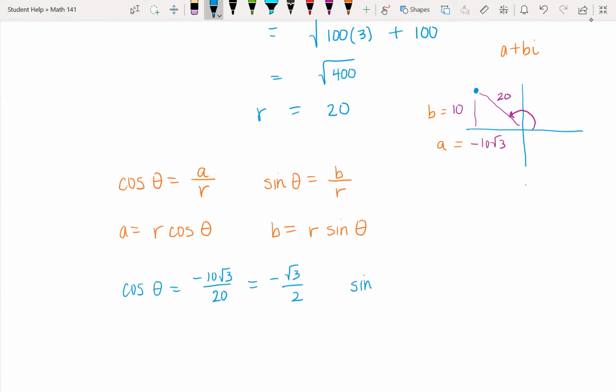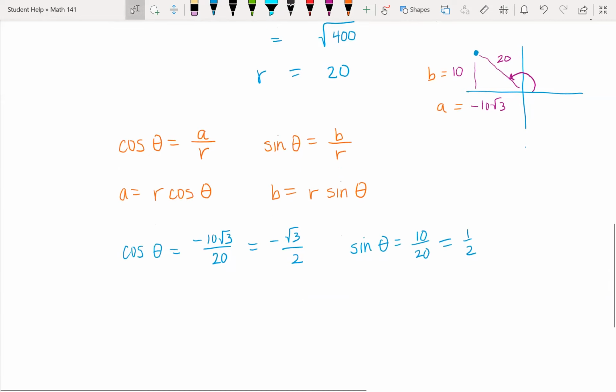The sine of that angle is going to be 10 over 20, or 1/2. So when I think about my unit circle, I know that the angle that has a cosine of negative root 3 over 2 and a sine of 1/2 is 5 pi over 6. So theta is either equal to 5 pi over 6 or 150 degrees, depending on whether you're looking at radians or degrees.